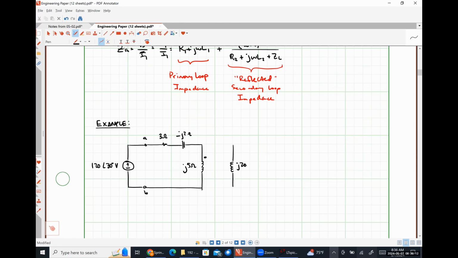Here we've got a j20 ohm impedance, dot on the bottom.